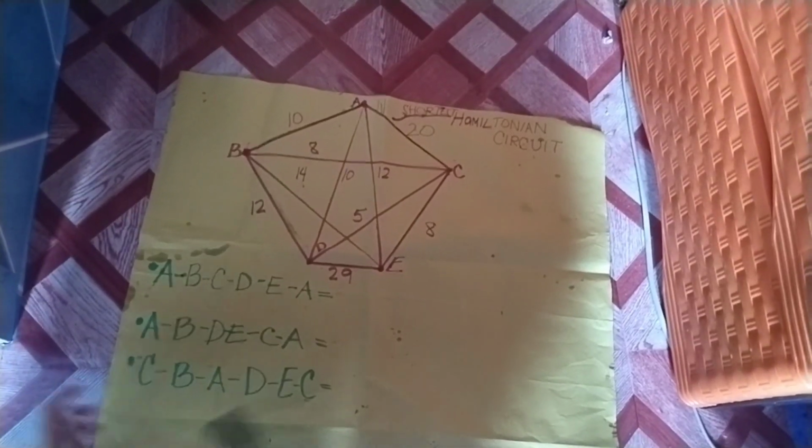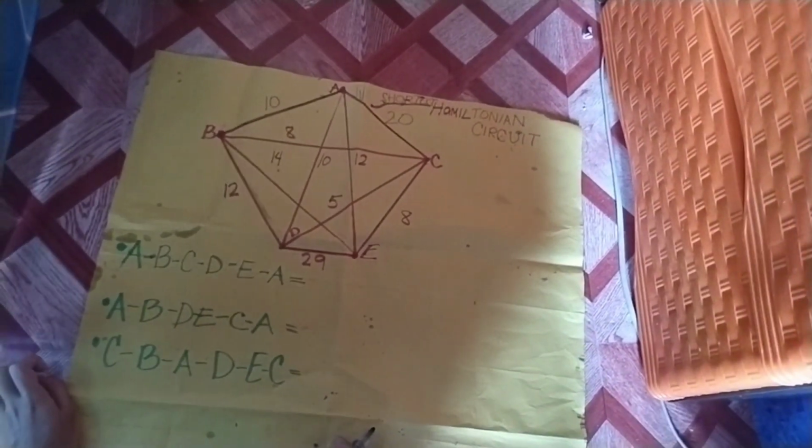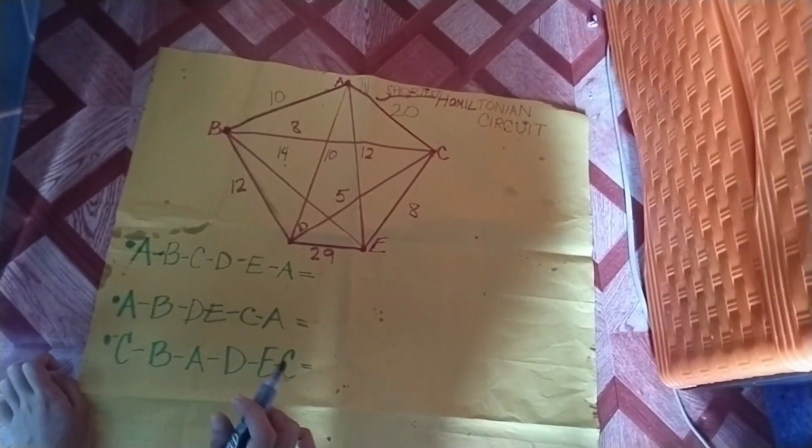In this example, we have this Hamiltonian circuit and we will find the value of each edge.